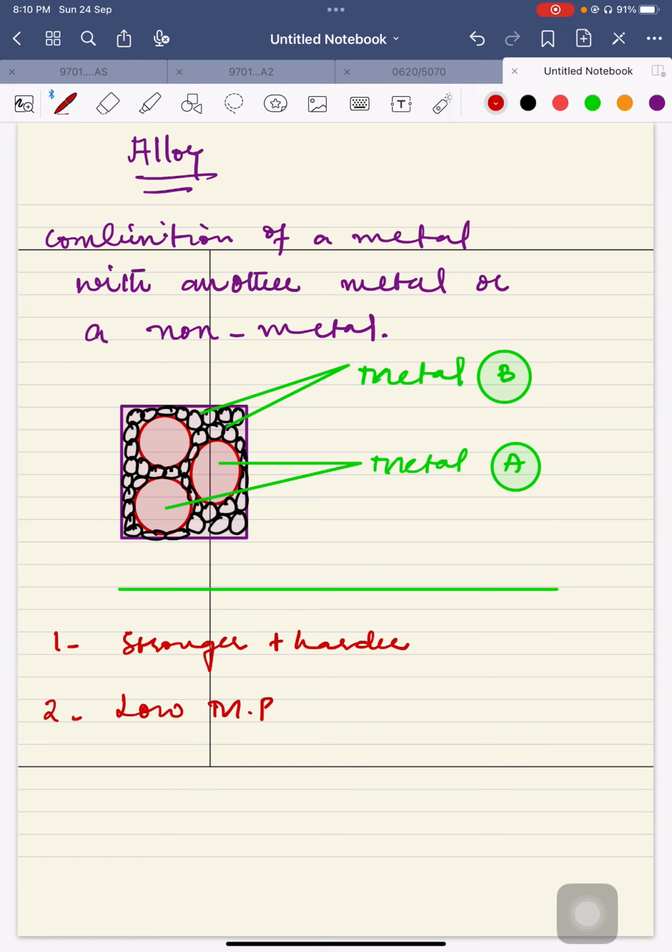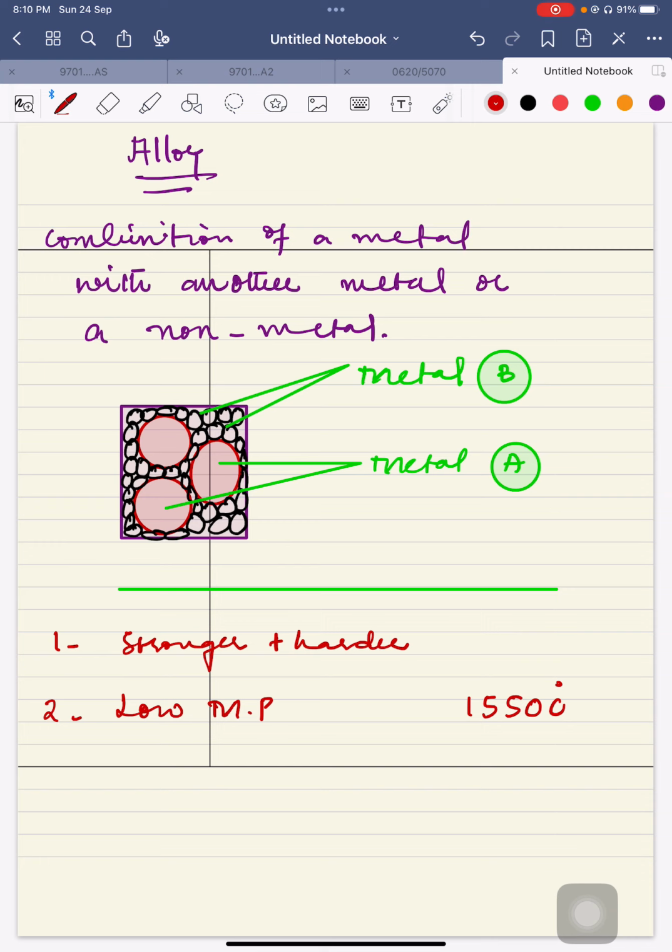I am going to mention a few melting points here as well. For example, let's suppose the melting point of pure iron is 1550 degrees Celsius. If I'm talking about the melting point of stainless steel, it can be a range.